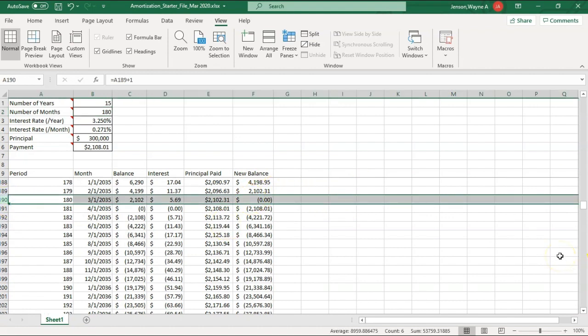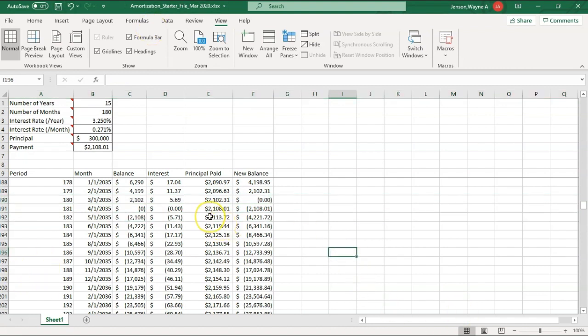There are other things that we could do to make this a little bit more robust and determine once you've paid it off and then just fill the rest with zeros. We're not going to worry about that right now because you can get the information you're looking for with it like this. But there is a way to do that with Excel formulas.